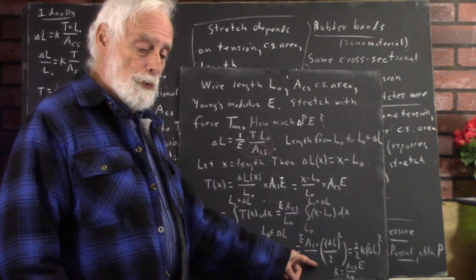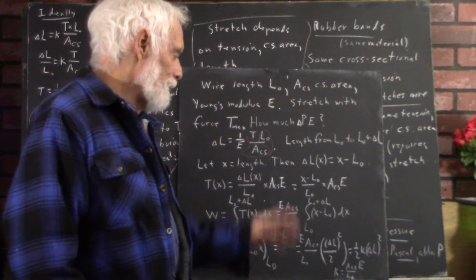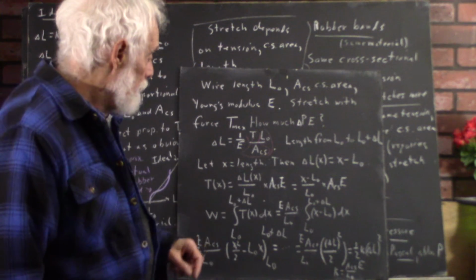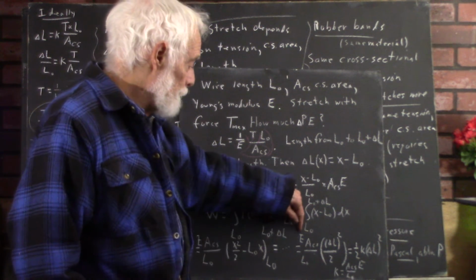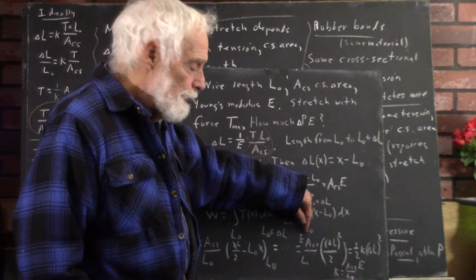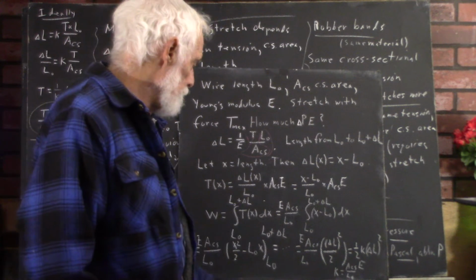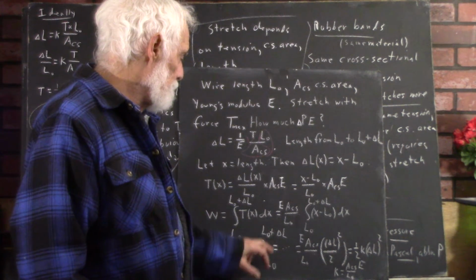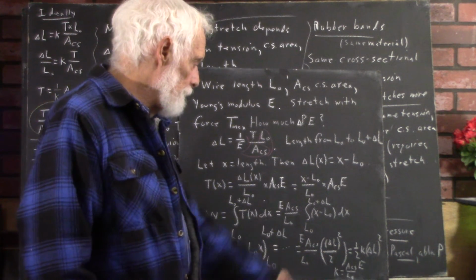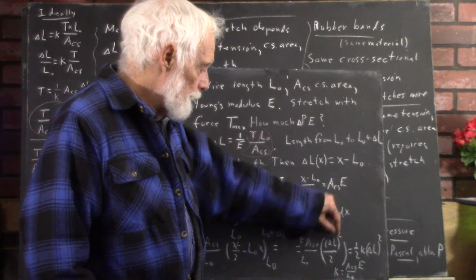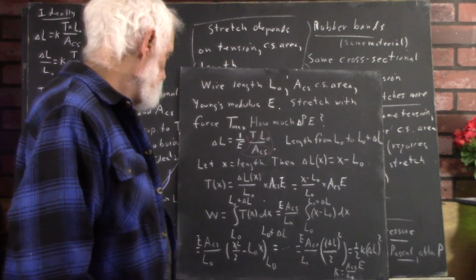Wrote down what I know to be the case, like people do with units, wrong a lot of times. Okay, so we have this expression, which I'm not going to read to you, just this comes over here. And this evaluated between L naught and L naught plus delta L should be quantity delta L squared over 2.